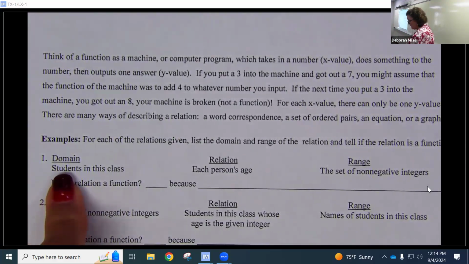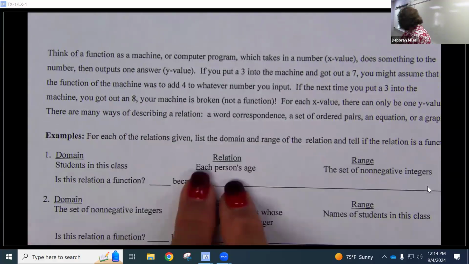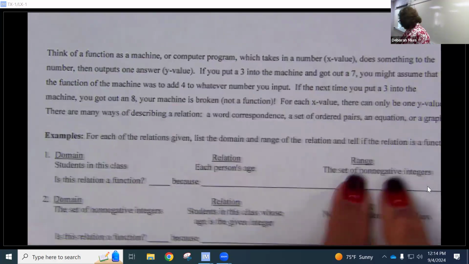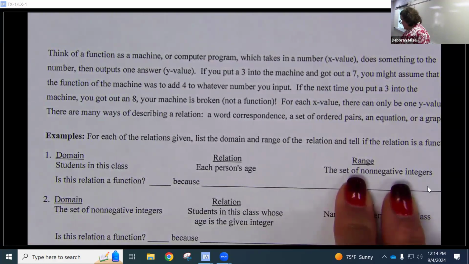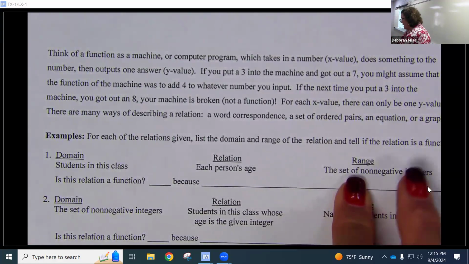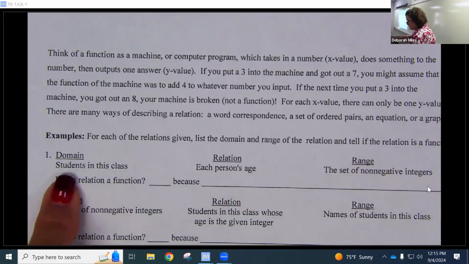I'm going to pull out one. And then I'm going to ask that person, what's your age? The range is going to be the set of non-negative integers. Nobody is a negative age. Technically, you could be 19.5, but usually we give our age as a whole number. So if the domain is all your names, the relation, I'm going to put a name in and the machine's going to spit out an age. Would that be a function?